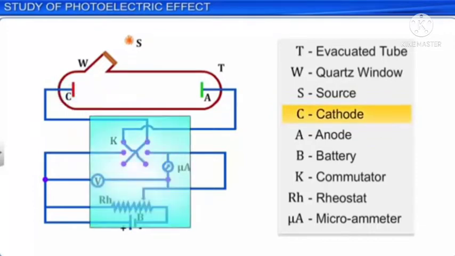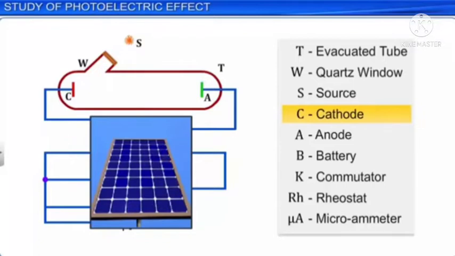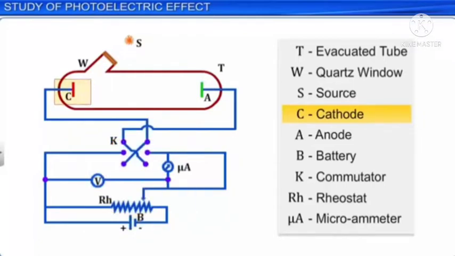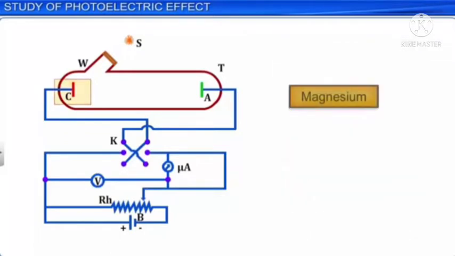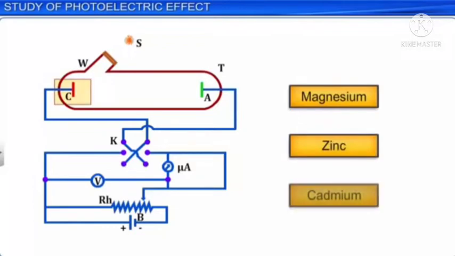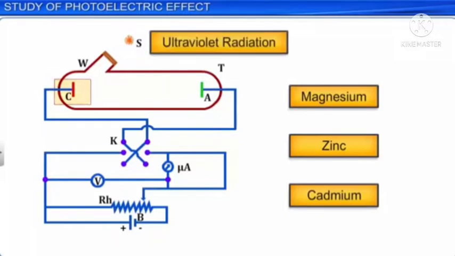This is similar to the functioning of the solar cells in a solar panel. The emitter plate C can be made of photosensitive metals like magnesium, zinc, and cadmium. These metals produce the photoelectric effect with ultraviolet radiation.